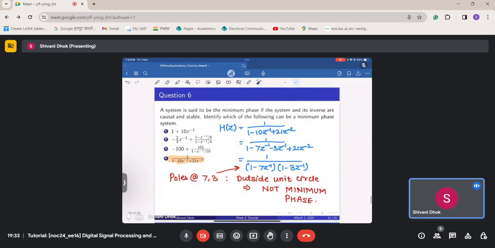We are at the end of this particular question. If you have any queries, please let me know. Is this question clear? Any queries in this part?